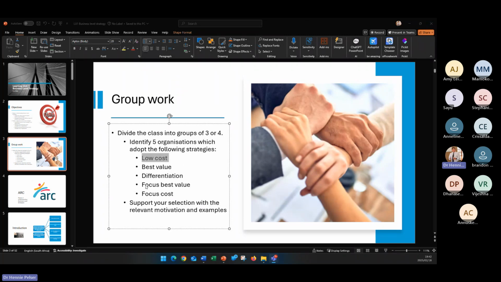And then we get focus best value and focus cost. So in terms of focus cost, this would be an entry level vehicle that is not your 150K. Yeah, I suppose that's what they start at. Focus cost would be even cheaper than that.